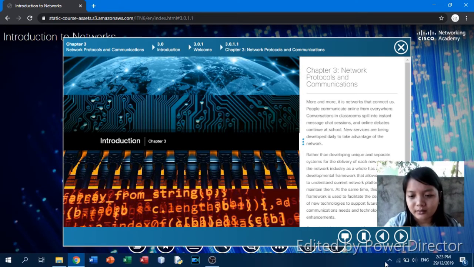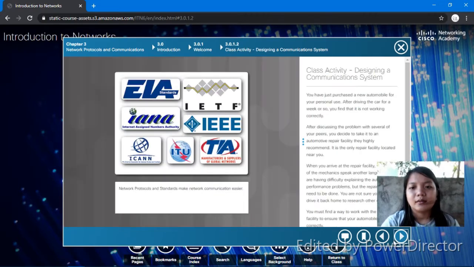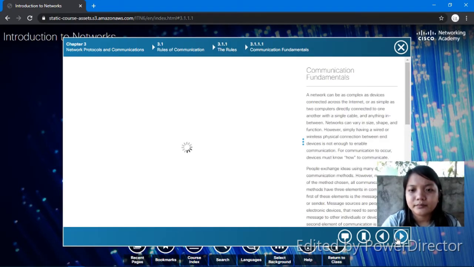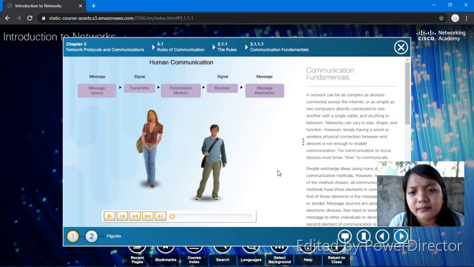Next, the communication fundamentals. A network can be as complex as devices connected across the internet, or as simple as two computers directly connected to one another with a single cable, and anything in between.